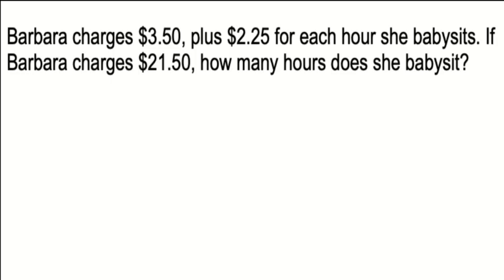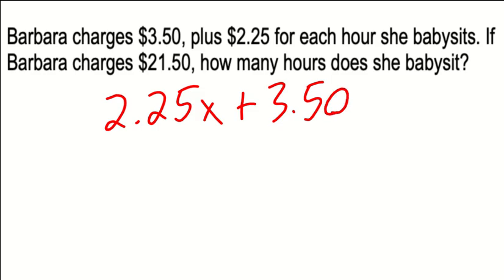So, most of y'all probably did not write the equation. If you wrote an equation, she's got $2.25 per hour, so you'd multiply by the hours, and $3.50 for an initial fee, and it's equaling whatever her total amount is, in this case the $21.50.